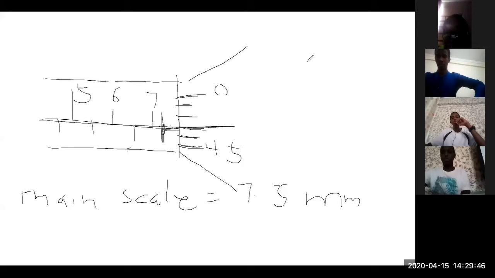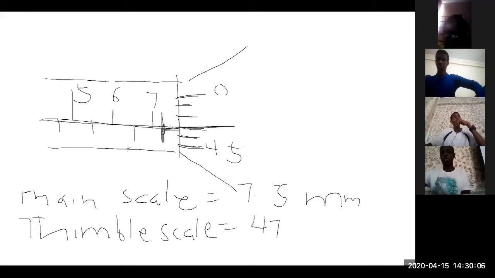So our thimble scale gives us 47 divisions. And we have what we call the least count. Usually a thimble scale gives us up to the second decimal place, so we just say times 0.01 millimeter.